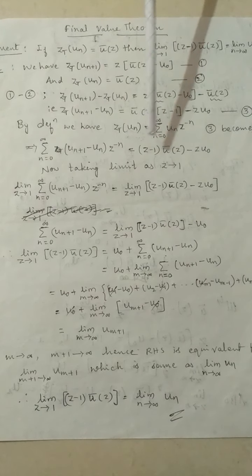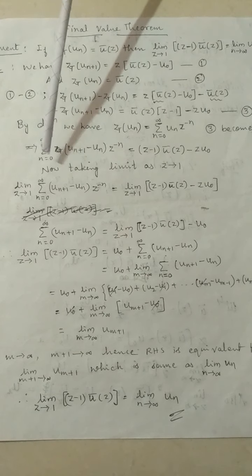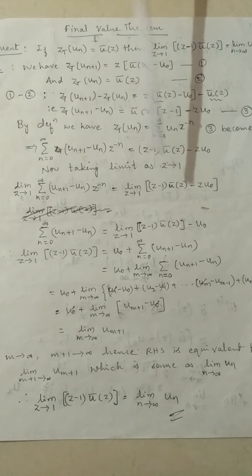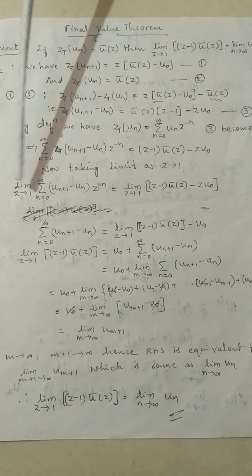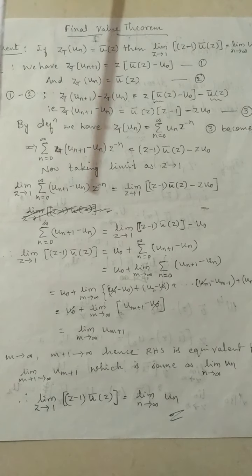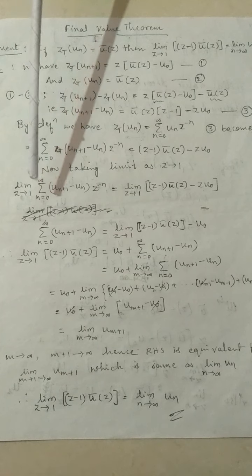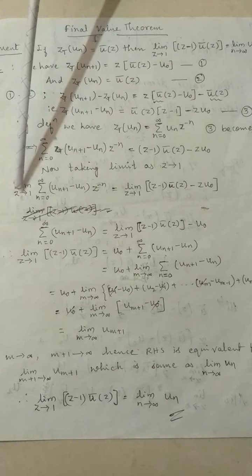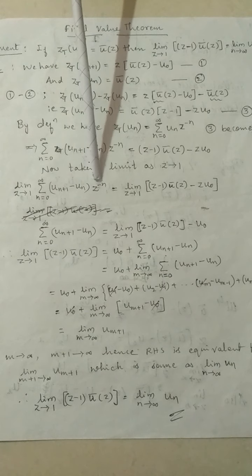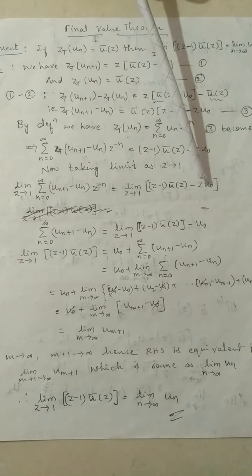This is equal to, right hand side keep as it is. Now let us take limit as z tending to 1 because we want that. So take limit as z tending to 1 on both the sides. When we take limit as z tending to 1, 1 raised to minus n becomes 1. Here 1 into u naught is u naught.